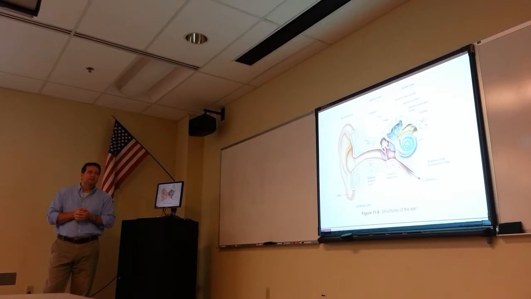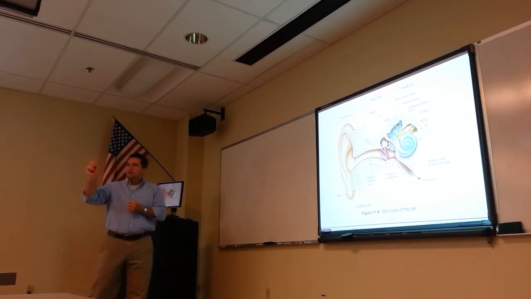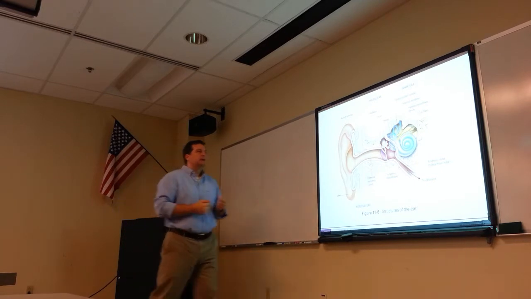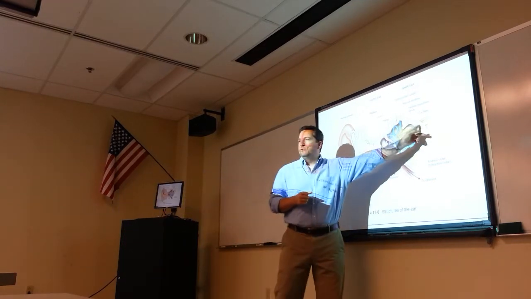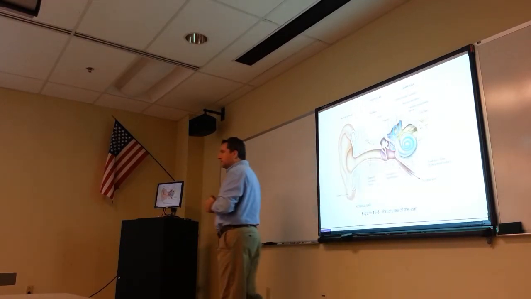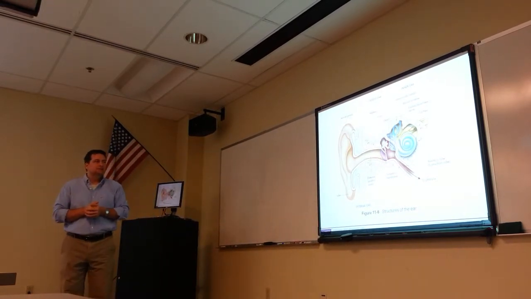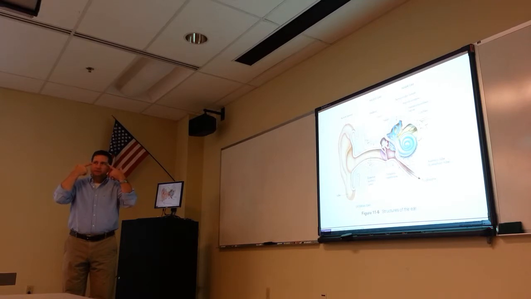When these little hair-like filaments get that sound vibration that has come in from the outside, they collect all that information and bring it to the vestibulocochlear nerve, also known as cranial nerve 8, which takes it to the part of the brain where we interpret sound.